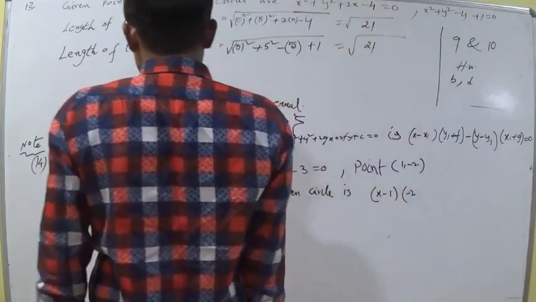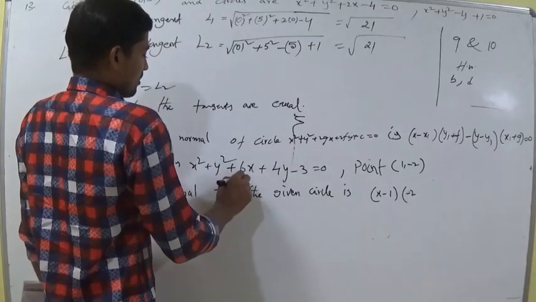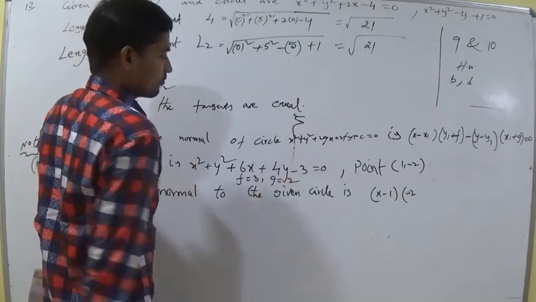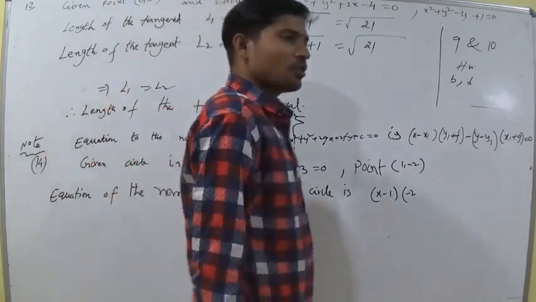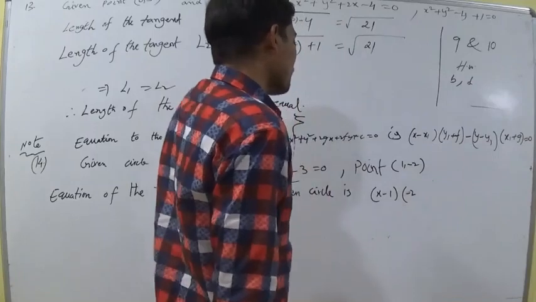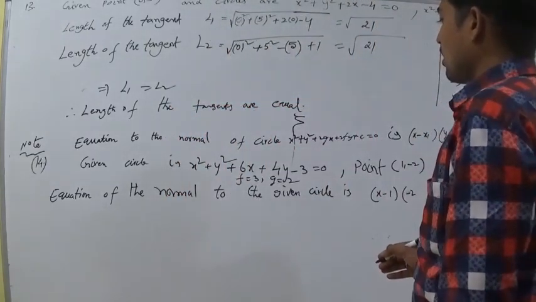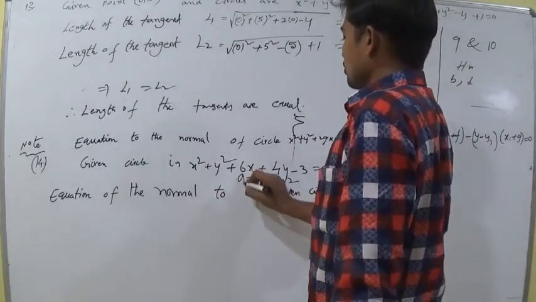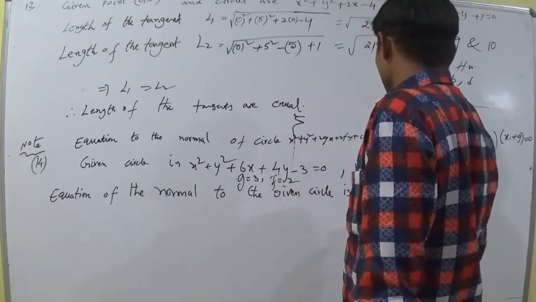Let us find the values of g and f. g is equal to 3 and f is equal to 2.